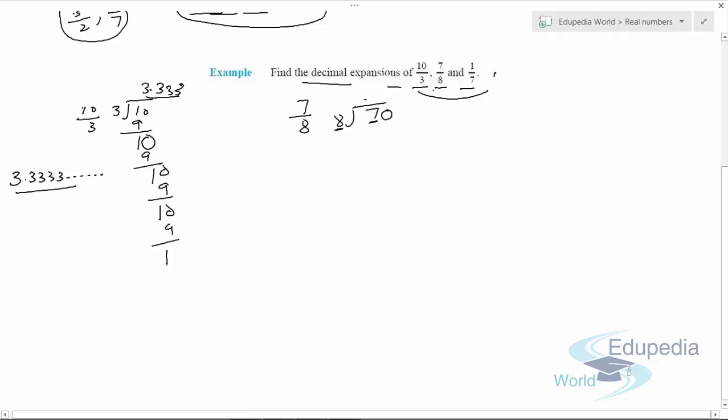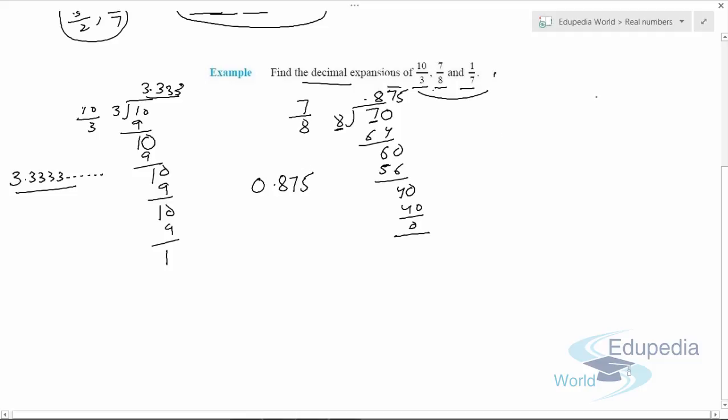So we search for the nearest number, which is 8 eights are 64, then 6, again 0, then 8 sevens are 56, then 4, then again 0, then 8 fives are 40. Now we are getting remainder 0. So the number comes out in decimal as 0.875.